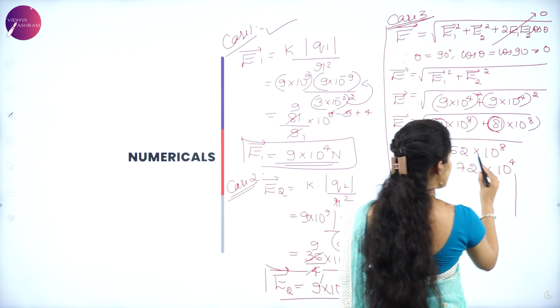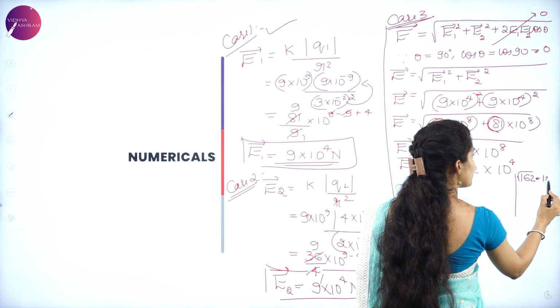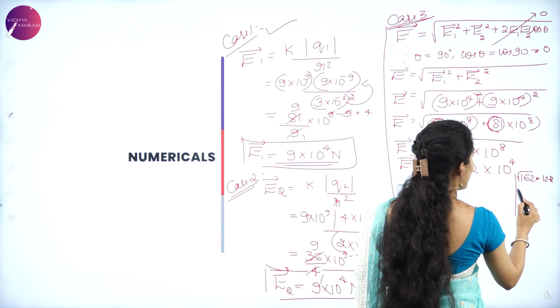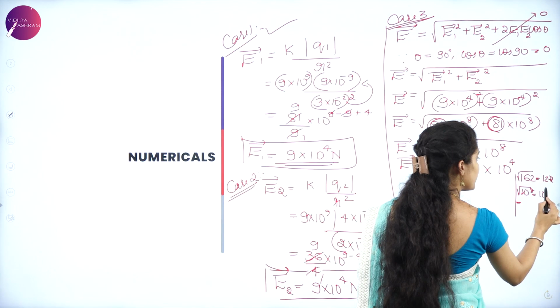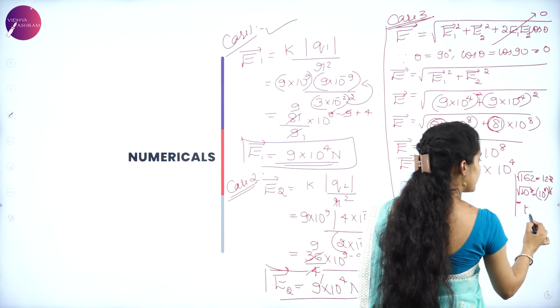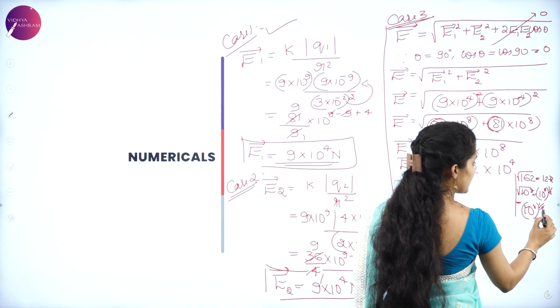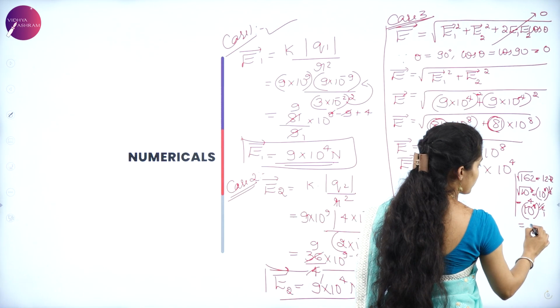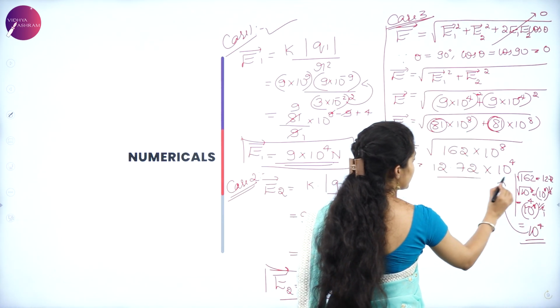That is just because the root of 162 is nothing but 12.72, and root of 10 raised to 8 can be written as 10 to the power of 8 the whole 1 by 2, which is calculated as 2 4s are 8, so what remains is 10 to the power of 4. So this is what we are getting.